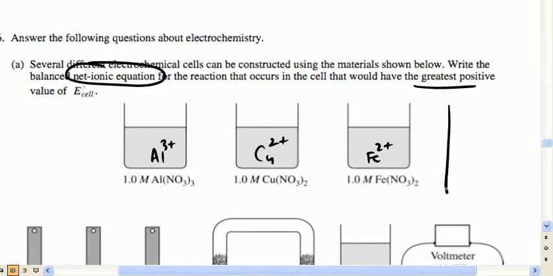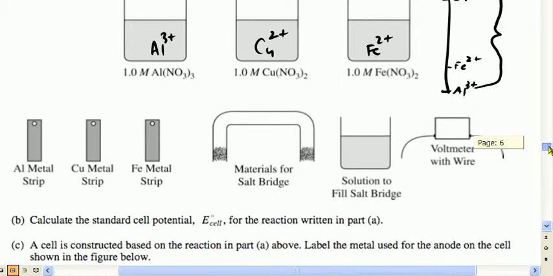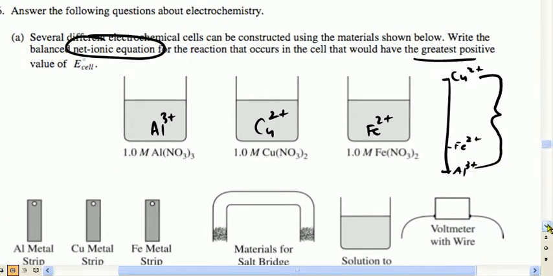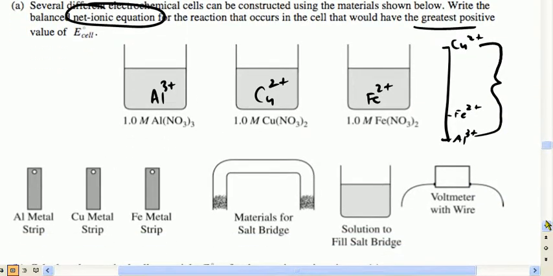If you look on the chart, Cu2 plus is up here, Fe2 plus is here, and Al3 plus is there. That means the greatest difference would be between Cu and Al. So that's going to give you the largest number, the greatest difference in potential.